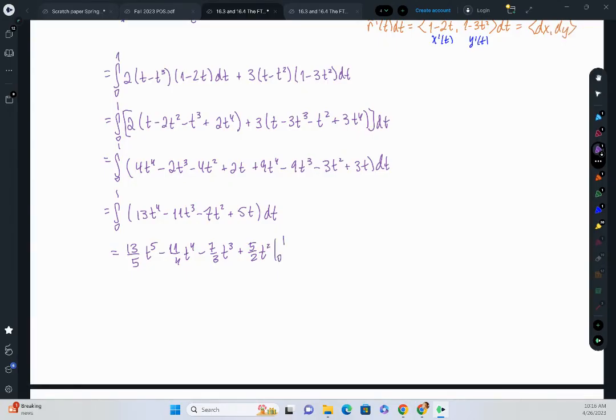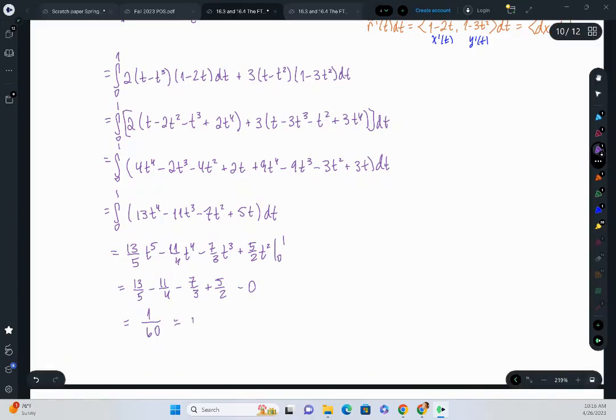There is no contribution from 0. All the contribution is from 1. Looks like we are adding up 13 fifths minus 11 fourths minus 7 thirds plus 5 halves. Make sure you have a good calculator that can add fractions and give you a fraction. This adds up to, I should put my minus 0 in, this adds up to 1 over 60 for a final answer.